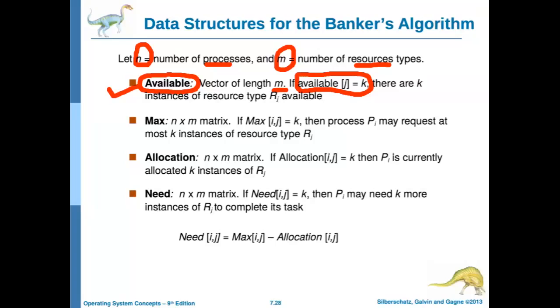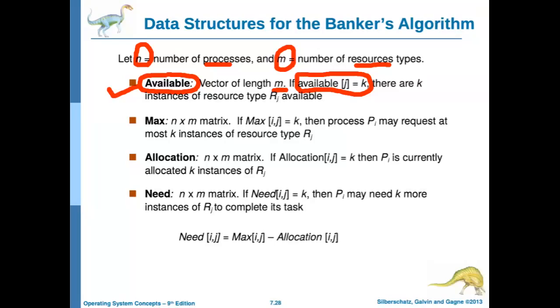See, the available vector is used to give the balance of resources. Like for example, how many printers are right now available? How many files are there, if a file is considered a resource? So available of j, that means Rj, the jth resource, is equal to k balance. So that is available: how many resources are available? That is the first data structure.